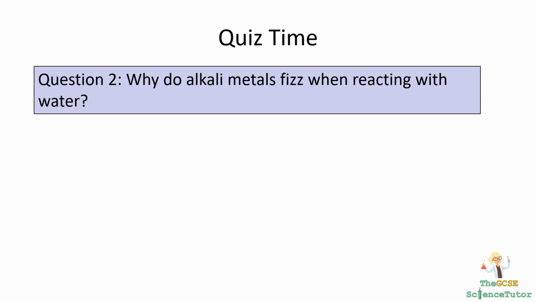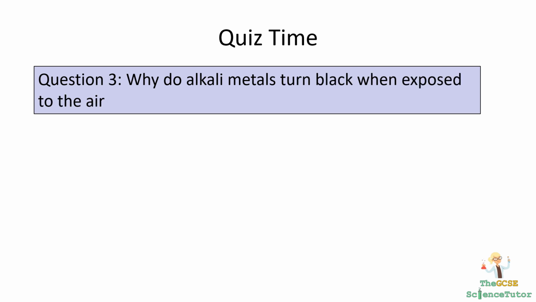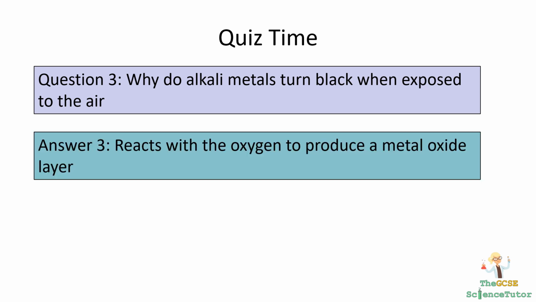They produce hydrogen gas. Question 3. Why do alkali metals turn black when exposed to the air? That's right, they react with the oxygen to produce a metal oxide layer.